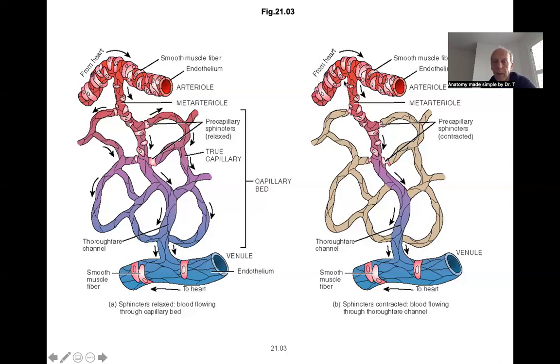So the blood will be allowed to pass through the metarteriole, and perhaps priority in delivering more blood will be allocated somewhere else. As we know, for example, after a major meal, we would have a need for more blood being shifted into the digestive tract in order to support proper digestion.